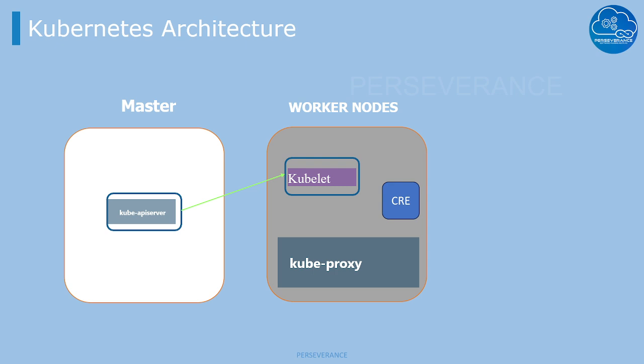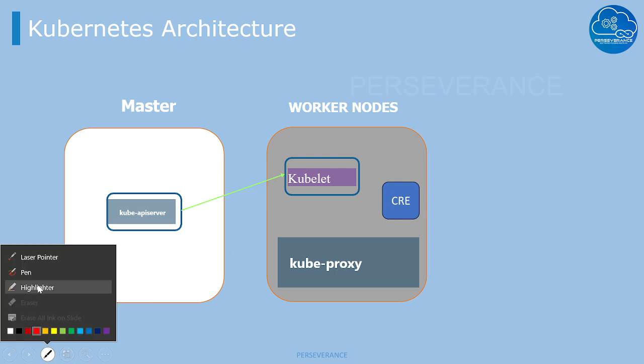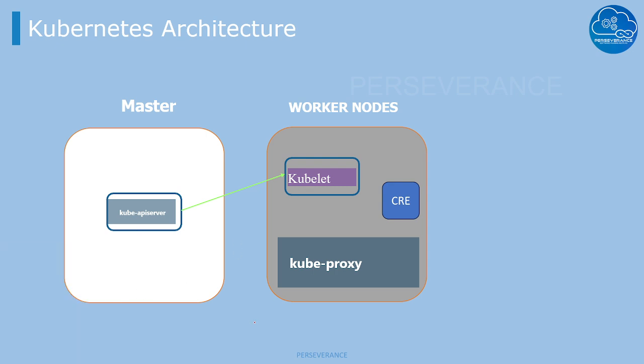We have already seen the master node, which contains kube api server, etcd, scheduler and controller manager. Now focusing on the worker node. Kube API server has many responsibilities, as told earlier.